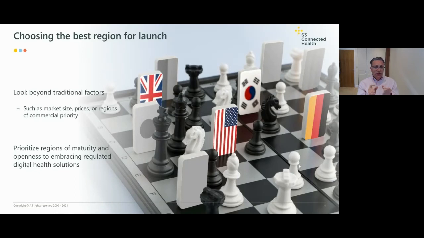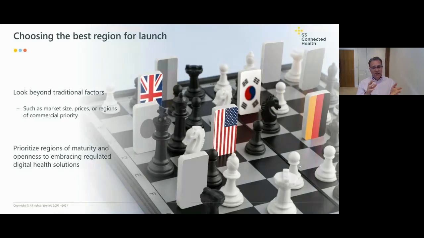So the best region to launch in will vary depending on your individual business needs and concerns. And you'll need to consider multiple factors. But not all of these may be obvious to all of your colleagues. So for example, the US can be attractive because the FDA has a specific department that has the resources to deal with SaMD. So the regulatory authorities are more familiar with the challenges involved in the process, and that's very helpful.